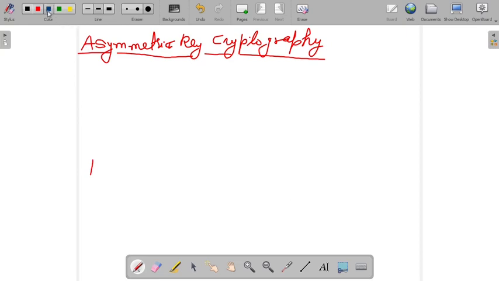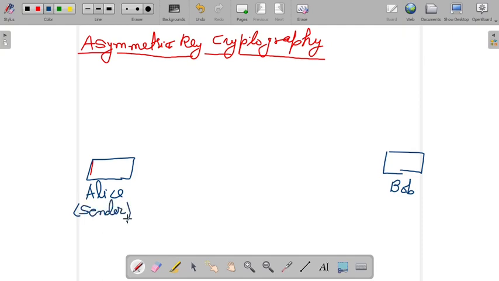There is one system that is the sender. In short, we call it Alice. Let's suppose its name is Alice. And there is another system at the receiver end that is called Bob.